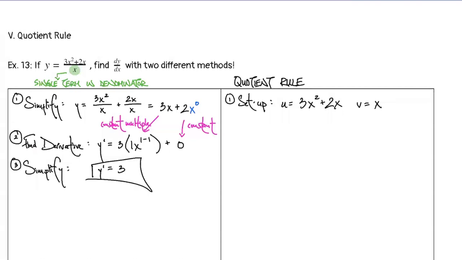All right, we okay with the U and the V just being the top and the bottom? V is equal 1 over x? No, V is just the bottom. Just the x. Whatever's in the denominator, that is our V.